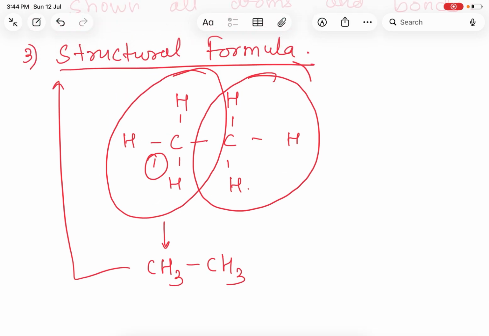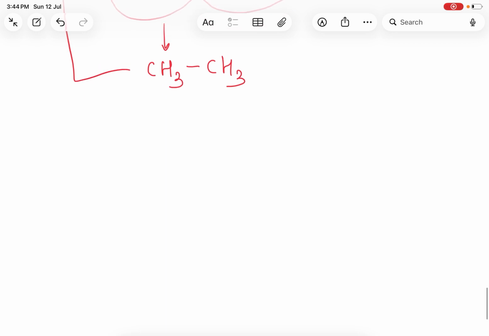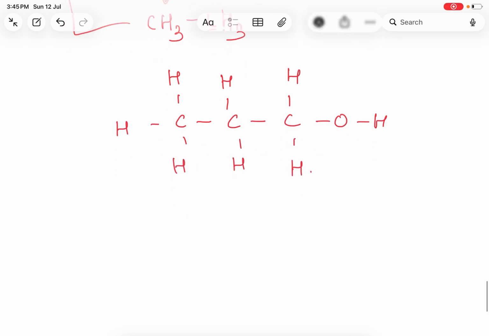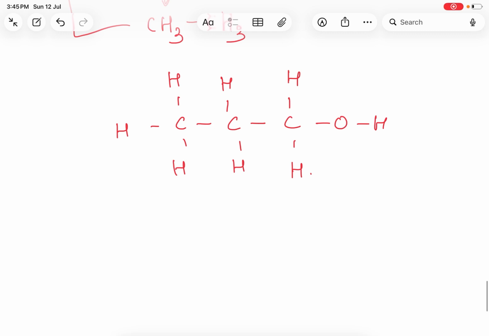I will write one more example. So for example, I am having this compound. Now here again I will number the carbon so that we will understand. This is my first carbon, this is second, and this is third. Now I will just break all the carbon atoms.